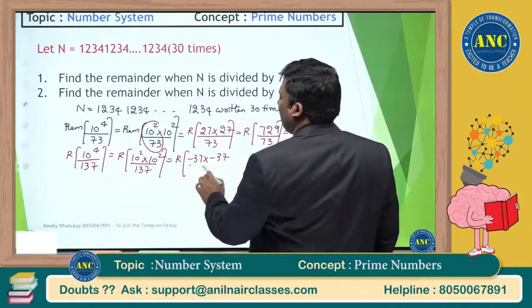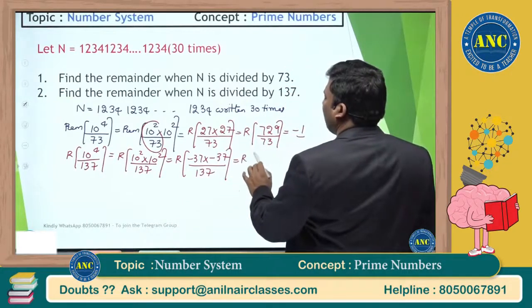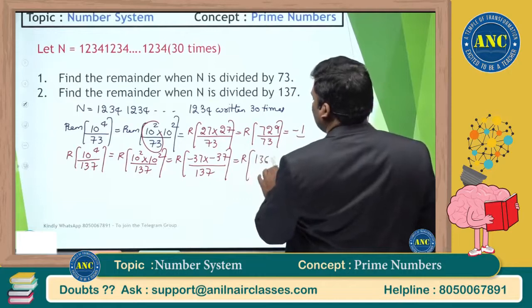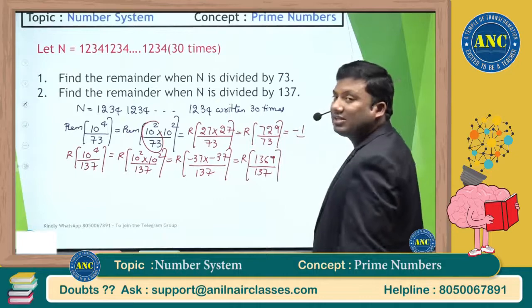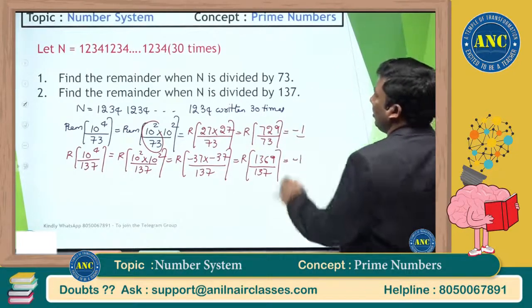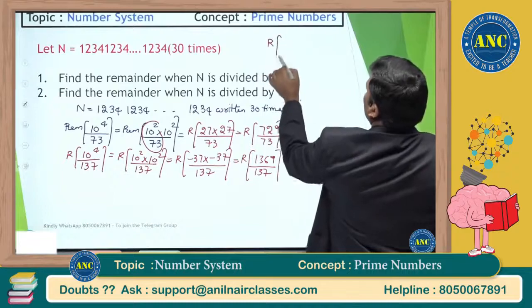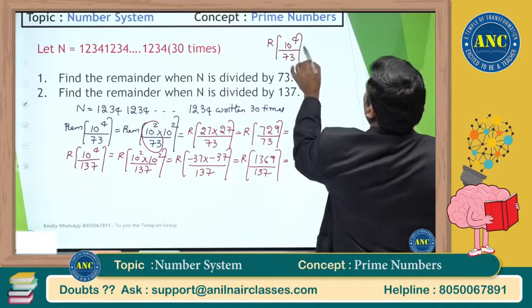So it is minus 37 squared divided by 137. 37 square is 1369. 137 tens are 1370. Negative remainder is -1.